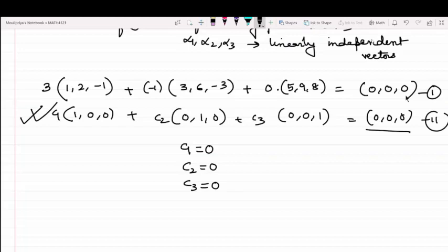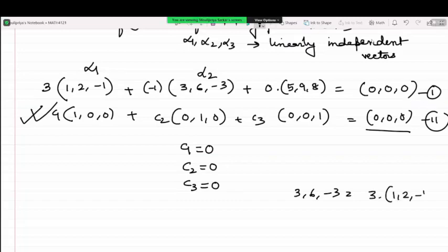See, you are getting this 3 and you are getting this one as minus 1. This implies you can express this vector alpha 2 in terms of the vector alpha 1. You can always express 3, 6, minus 3 as 3 times 1, 2, minus 1.